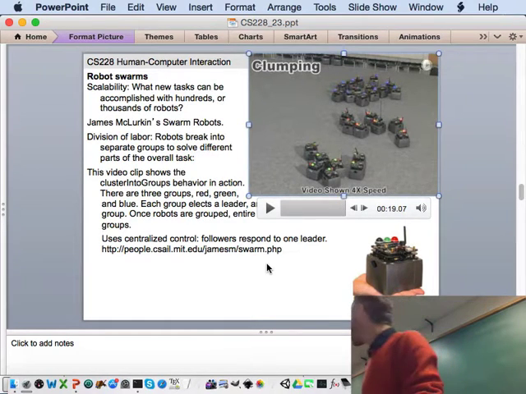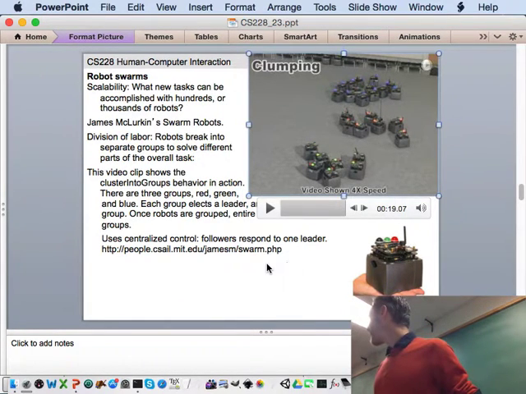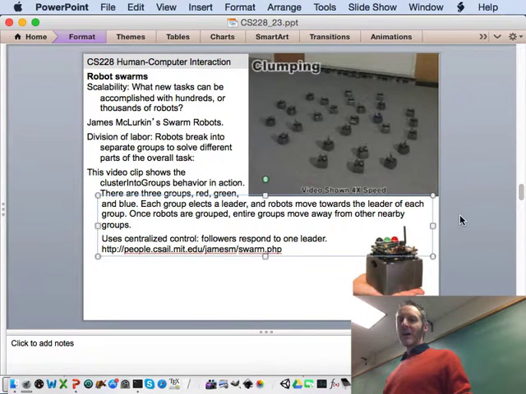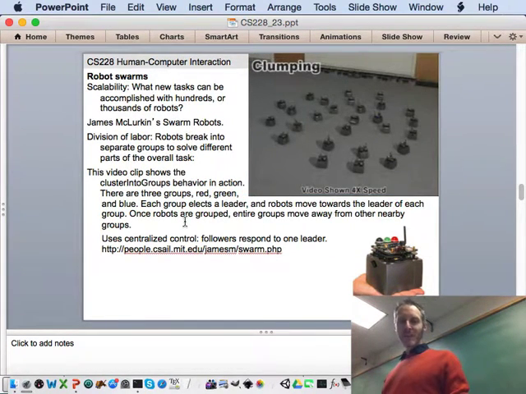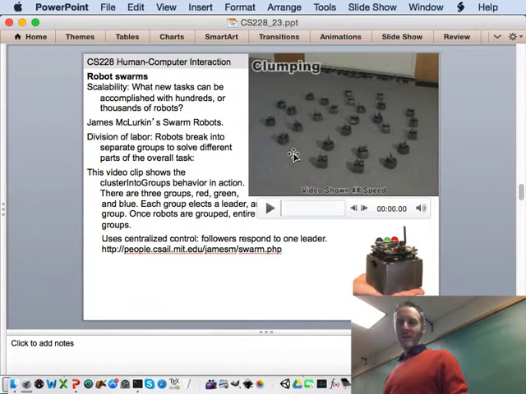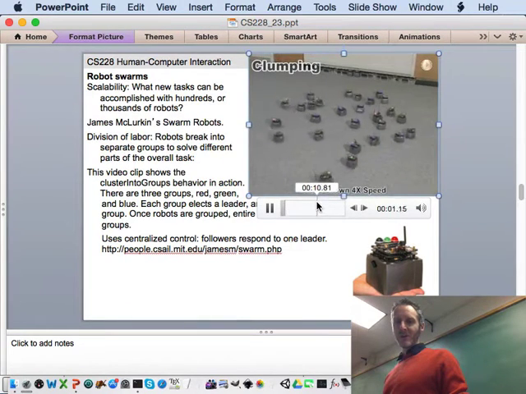Okay, so our robots here each have a red, blue, and green light that they can switch on, and they can advertise which team they'd like to belong to. And then they need to go and find their team. In this particular implementation, each group elected a leader, and that leader admitted its position, and red leader would wave all the other reds towards it, and the blue leader would wave all the other blues towards it, and so on. And the result is what you see here.